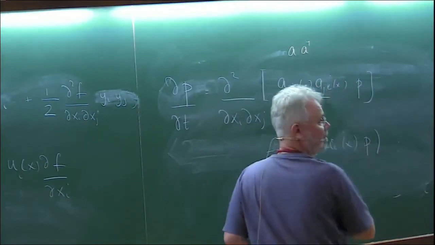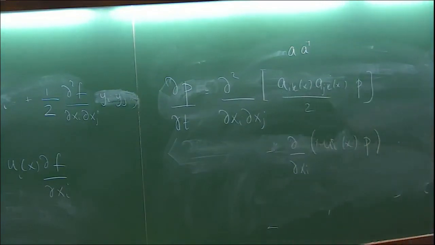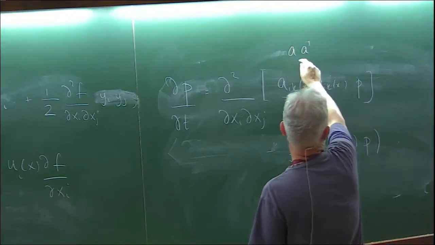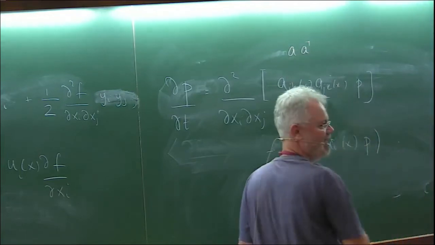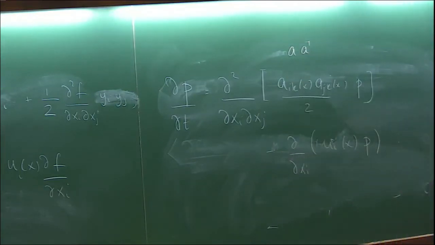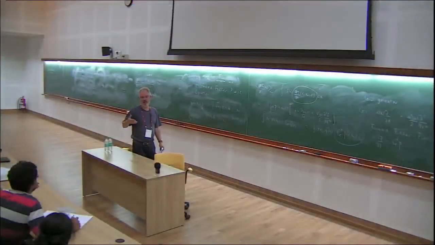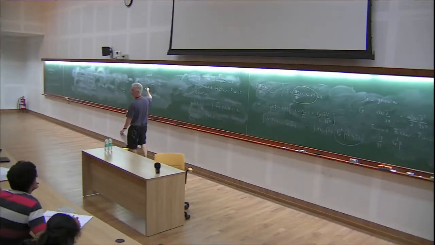You can see that this matrix has to be symmetric, and it has to be positive definite, because it's a correlation function for noise, right? So if you give me a reasonably well-defined correlation function, in general, I can write it in that form, okay?